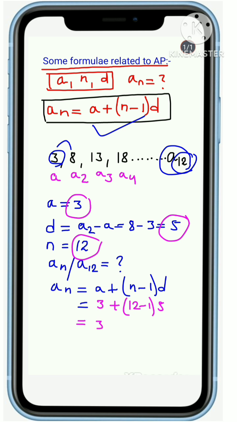Now 3 plus 12 minus 1, 11, and 11 into 5, 55. Finally, we obtain the last term, that is A12 is 58. In this way, by using this formula, we have obtained the last term, that is A12 of this AP.